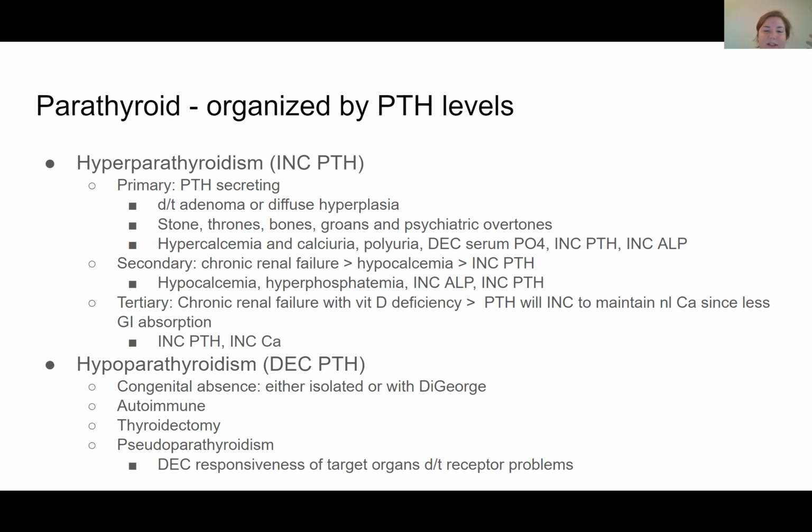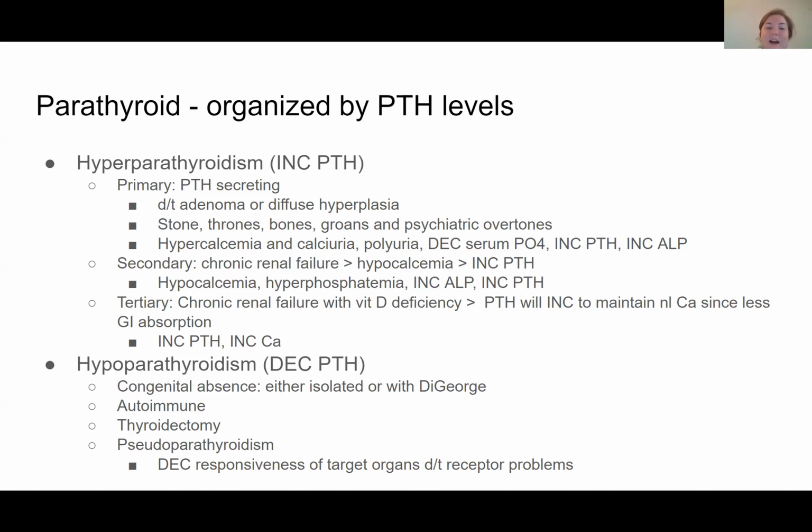Hypercalcemia, calciuria, polyuria, decreased serum phosphate and increased parathyroid hormone. That makes sense though, because since this is a primary PTH secreting tumor, it's going to do whatever PTH does. And so the cardinal effects of parathyroid hormone, you're going to see in the labs in primary hyperparathyroidism.